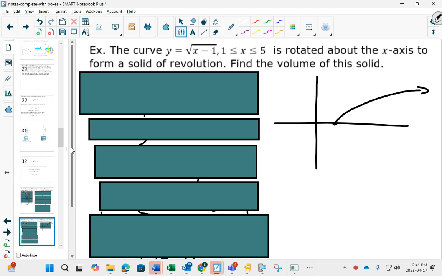We want to go from 1 to 5, so at 1 it's the point (1, 0), and at 5 it'd be (5, 2). If I imagine rotating this around the x-axis, then down here I would have (5, -2), and this would go like that.